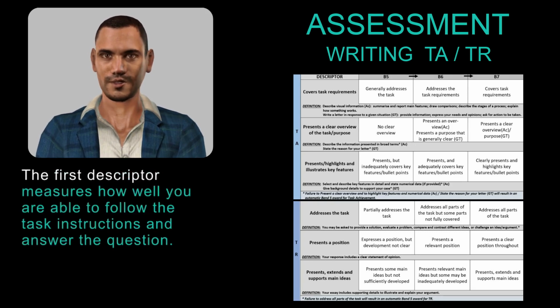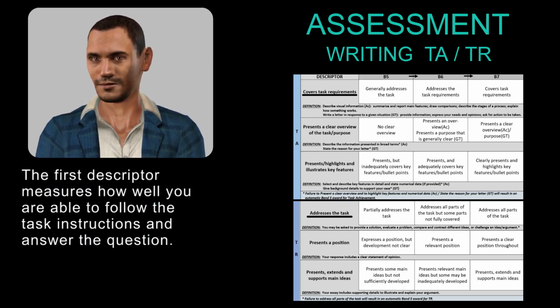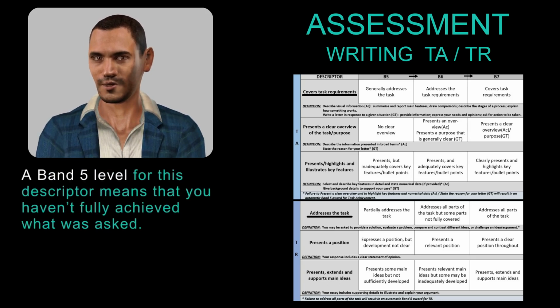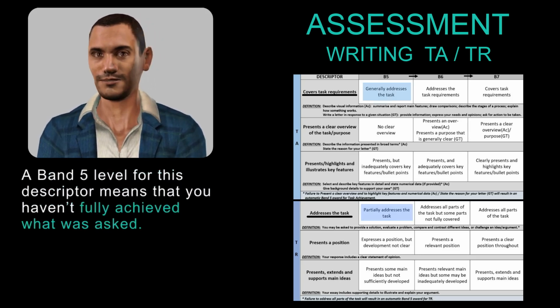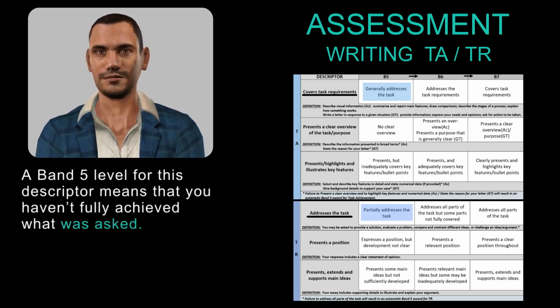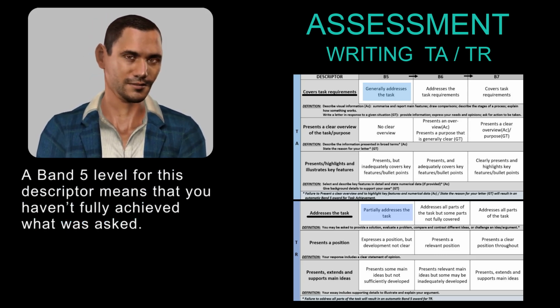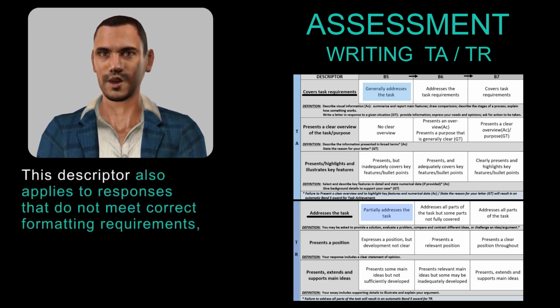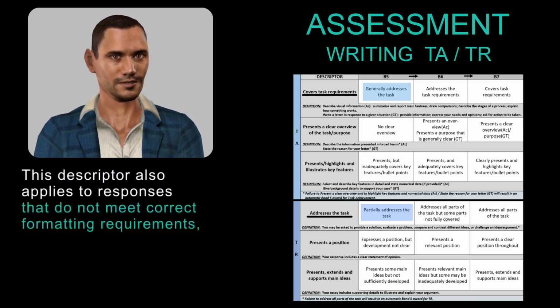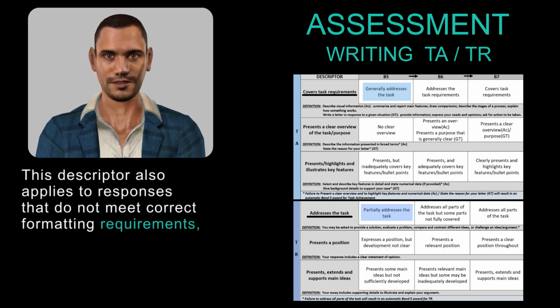The first descriptor measures how well you are able to follow the task instructions and answer the question. A band 5 level for this descriptor means that you haven't fully achieved what was asked. This descriptor also applies to responses that do not meet correct formatting requirements.